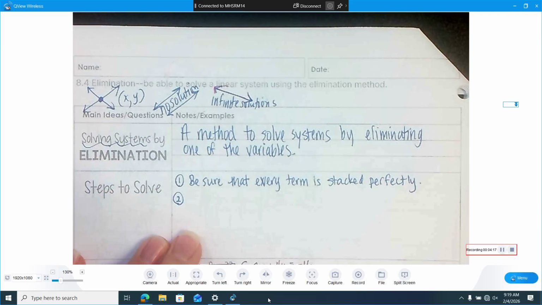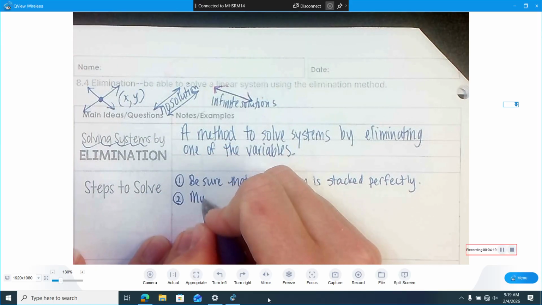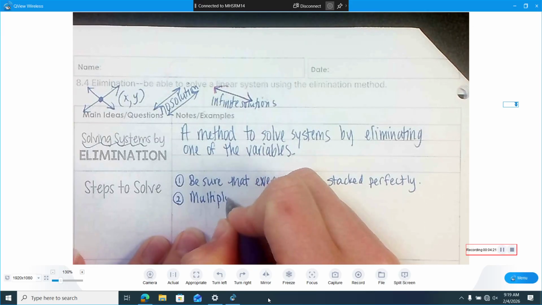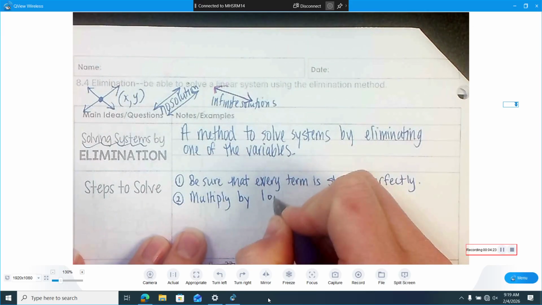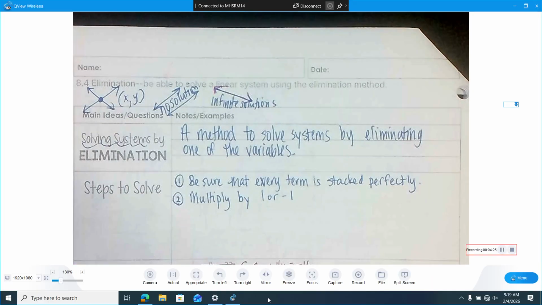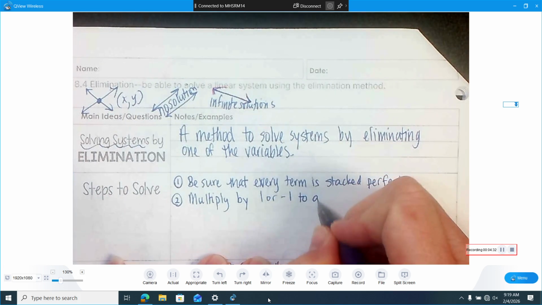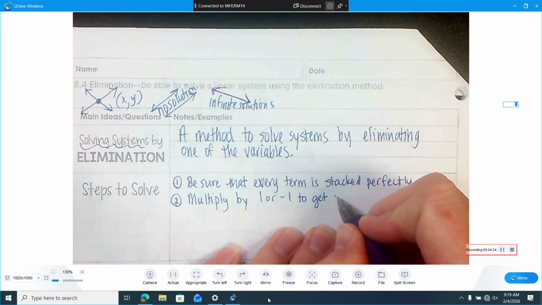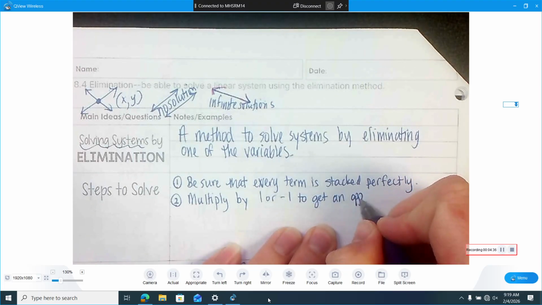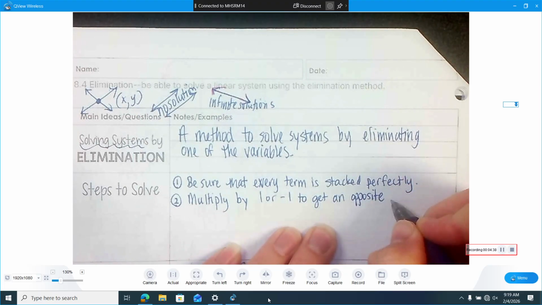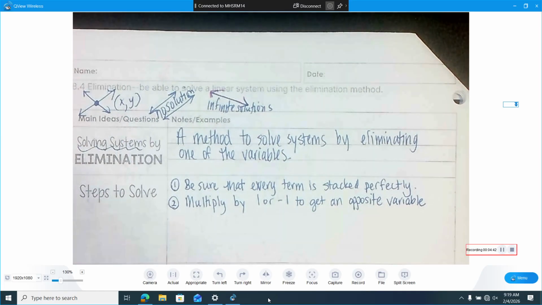And then we need to multiply by 1 or negative 1. Today, we're multiplying by 1 or negative 1 to get an opposite variable. So what does that mean?